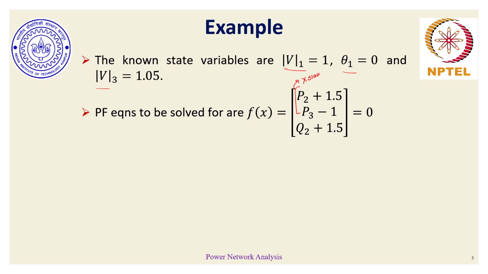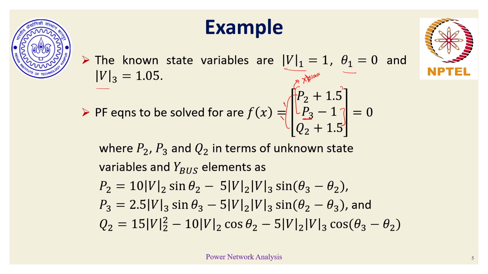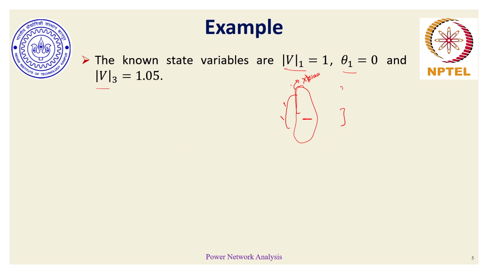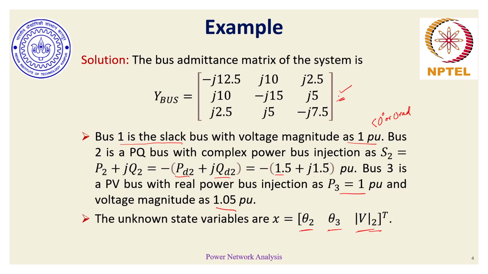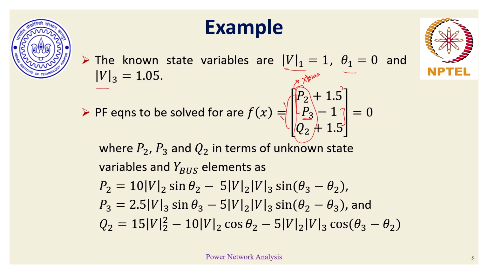The real and reactive power equations exist for PQ buses, whereas bus 3 is the PV bus, so we have only the P equation for bus 3, whereas for bus 2 we have both P and Q equations. We have 3 equations, 3 unknowns, the corresponding function forms of P2, P3 depending on the corresponding Y bus elements, which are shown over here, and the values which are known above. Those function values have been given.